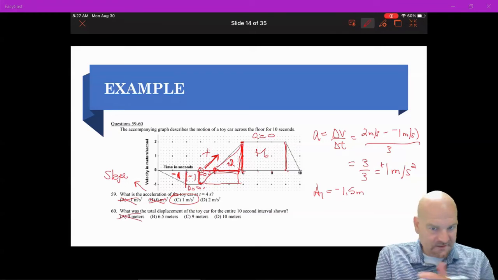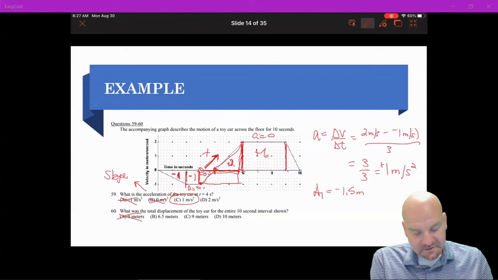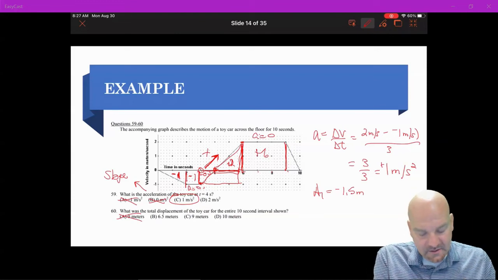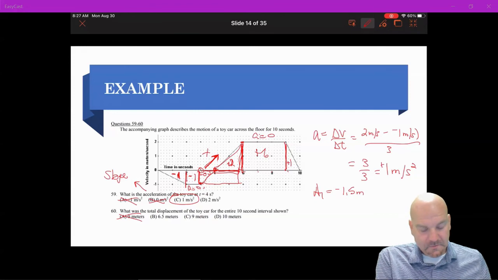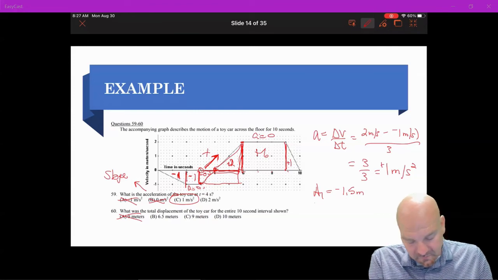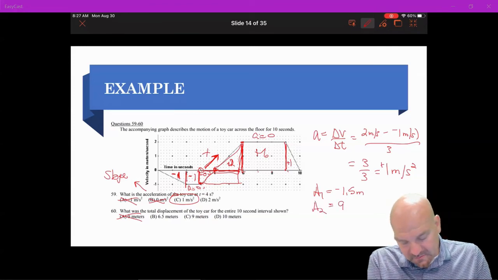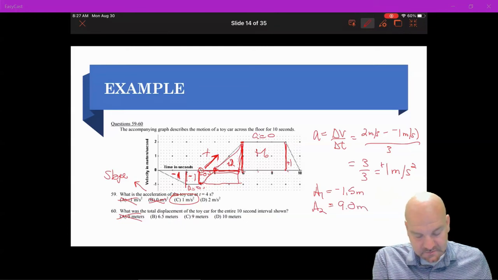So if we add all this up, it's definitely not going to be 0 meters. And over here, even though this is a negatively sloped line, it's still on the positive side. So it's going to be 1/2 times 1, so it's 0.5, times 2, so this is going to be plus 1. So this area, which I'm going to call area 2, is going to be 9 meters.